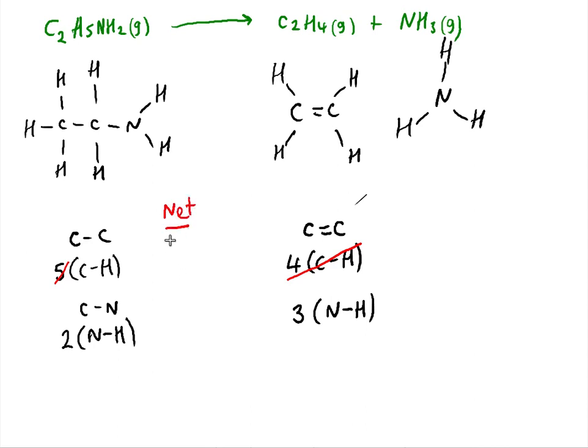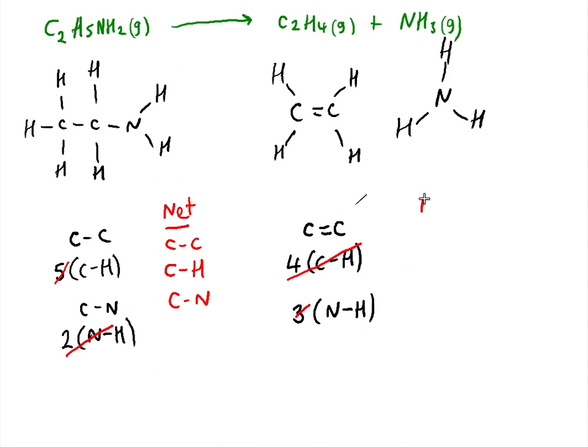So if we're looking at the net bonds, we've got the carbon-carbon, we've got one carbon-hydrogen bond that's broken, we've then got the carbon-nitrogen bond, and then if we're looking at the nitrogen-hydrogen bonds, we've got 2 on this side, 3 on that side, which is a net of 1 on this side.